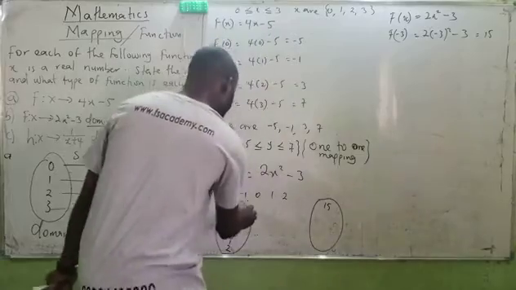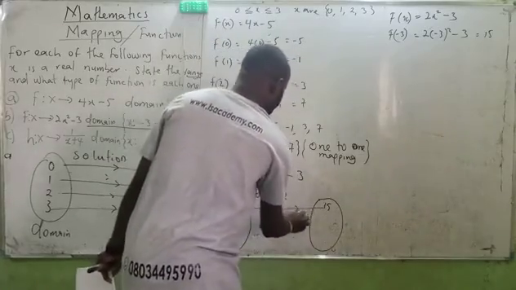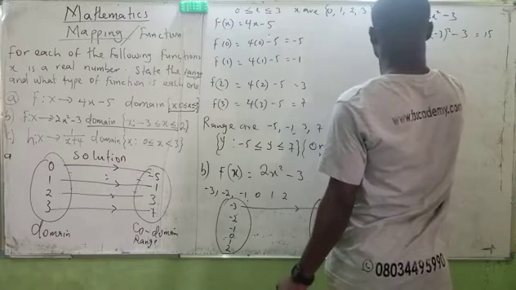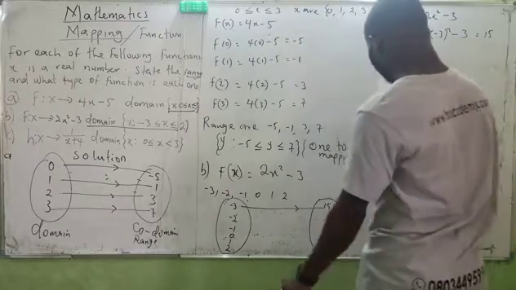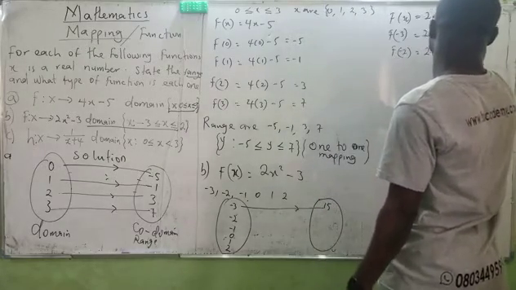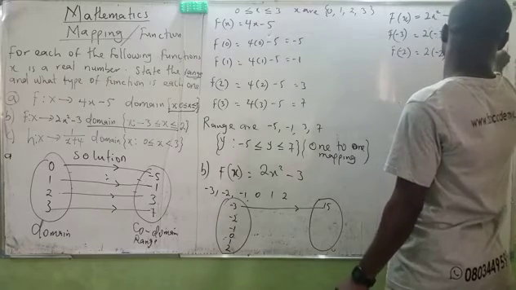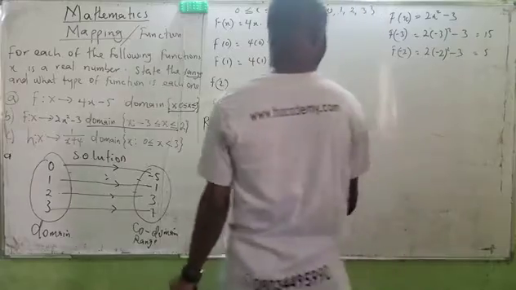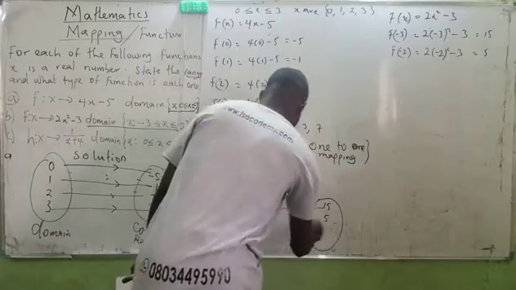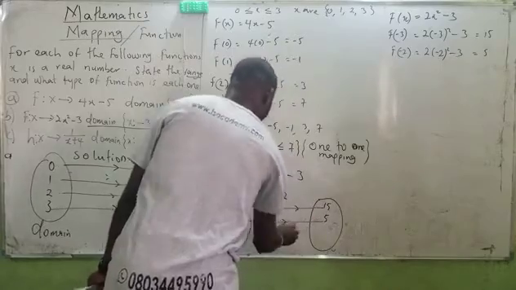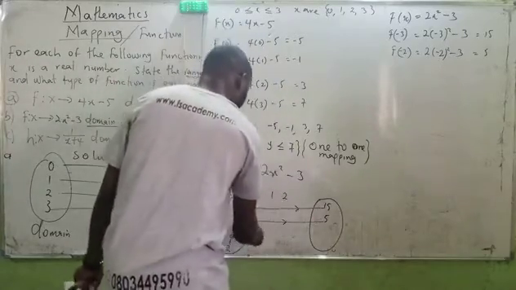It means -3 maps to 15. And also I will move on to -2. f of -2 is 2 times (-2) squared minus 3, which is going to be 8 minus 3, which is 5. So -2 maps to 5. Sorry for my drawing, I didn't draw very well.